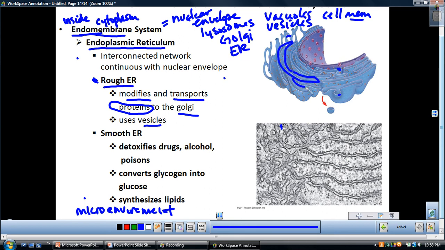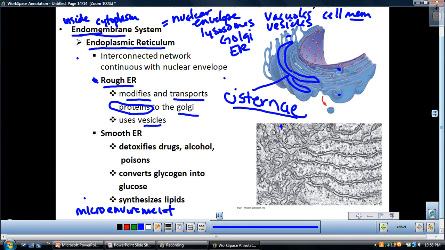Each little sac like this that's folded is called cisternae, C-I-S-T-E-R-N-A-E. That's the word for the membranous tubes and network of folds on the rough endoplasmic reticulum.